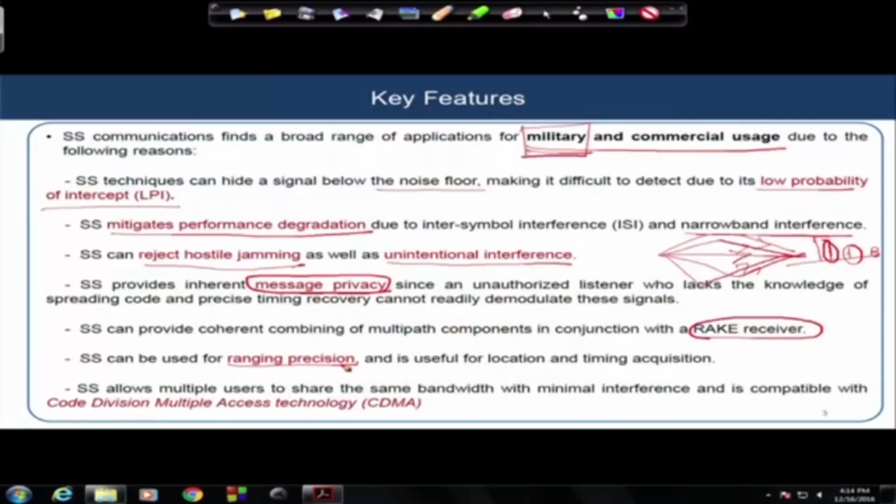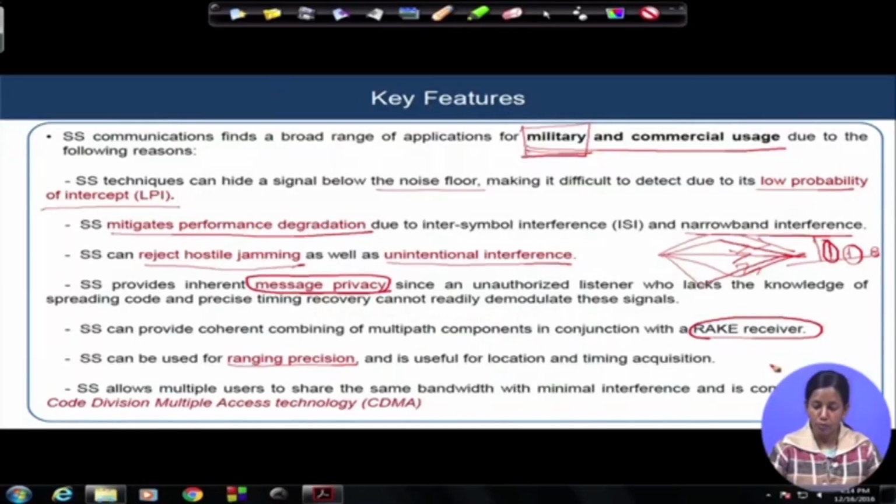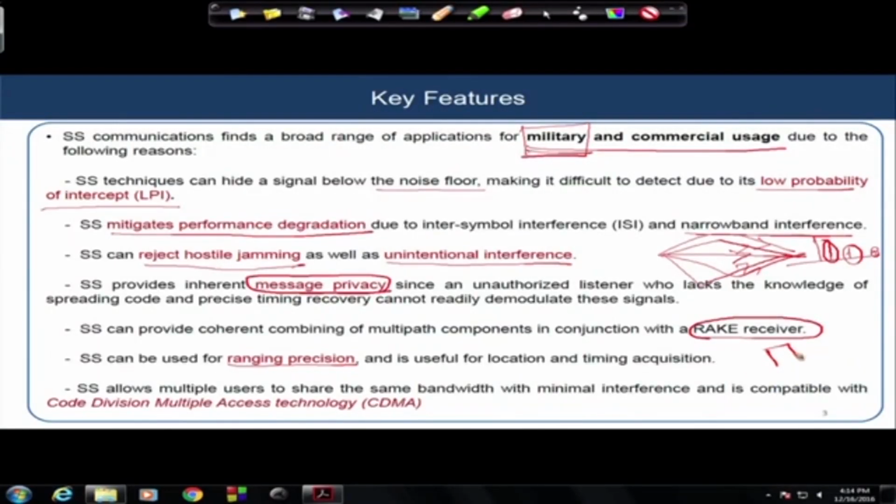Spread spectrum communication can be used for ranging and precision. What is this about? Suppose for 1 Mbps transmission of a BPSK signal, I need 1 megahertz bandwidth in a conventional narrowband communication system. In a spread spectrum communication system, we are utilizing 10 times this bandwidth, suppose 10 megahertz. Suppose this is the spread spectrum bandwidth BSS and this is the conventional bandwidth BC.